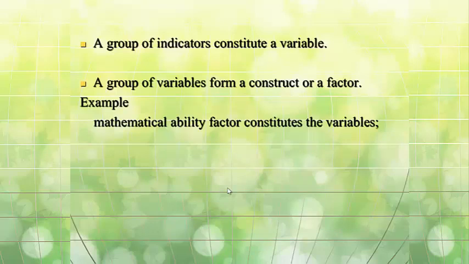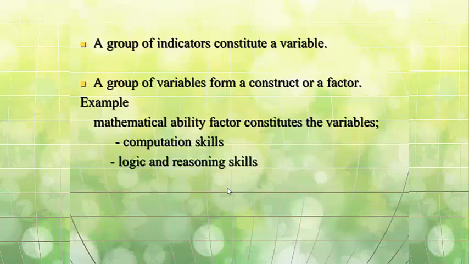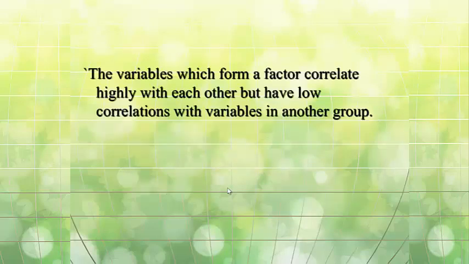Example, the mathematical ability factor is constituted by the variables computation skills, logic and reasoning skills, sequence and series. The variables which form a factor correlate highly with each other but have low correlation with variables in another group.